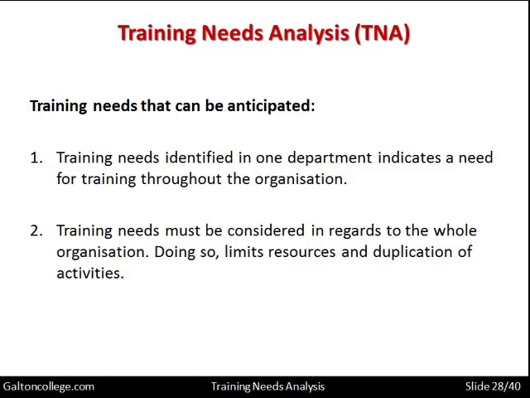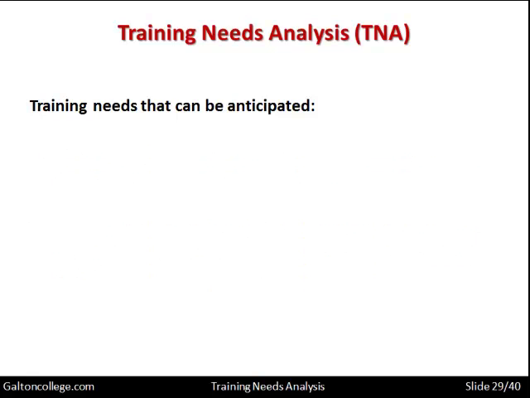Now those can't be duplicated or replicated. These are specific to a department. But there are more generic ones which apply to the whole organization, and that's efficient to save money and save resources.